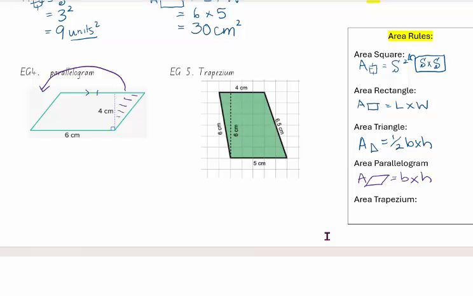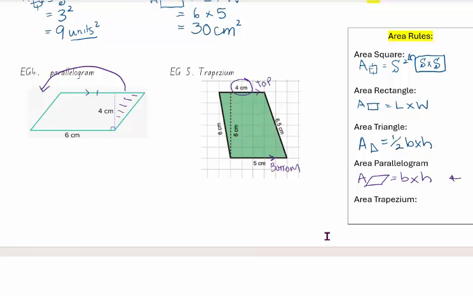Trapezium rule is probably one of the hardest ones, but it's basically, it looks like a rectangle that's pushed over a bit. So it's very similar to our base times height thing. But the difference is, can you see that in this case, these have to be parallel. This top one and this bottom one are not the same measurement, so they are not a parallelogram.